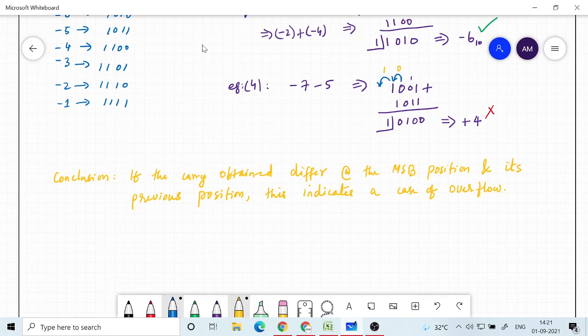If both carries were the same, that is the converse, then we do not have overflow.